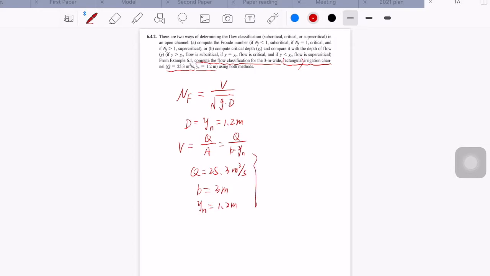So we can determine the V equals 7.03 meters per second. And then we can determine the flow number, F equals 2.05, and this value is greater than 1, so the flow is supercritical flow.